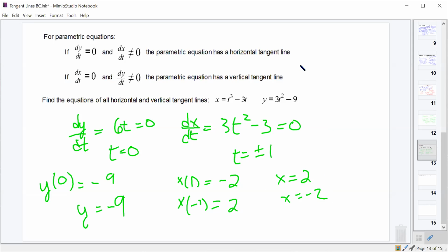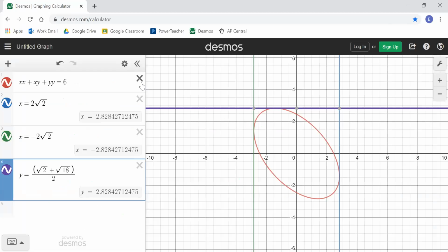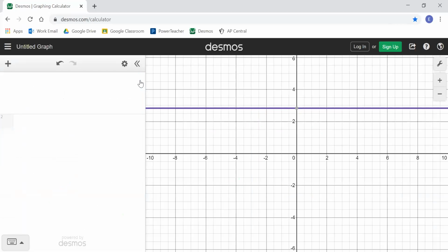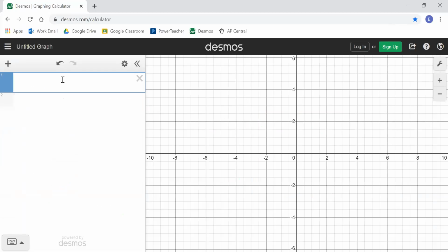And if we want to graph this, we could do that in Desmos. We got t cubed minus 3t. And what was the other one? 3t squared minus something? -9, I think.